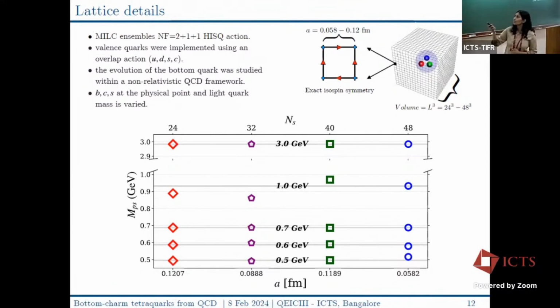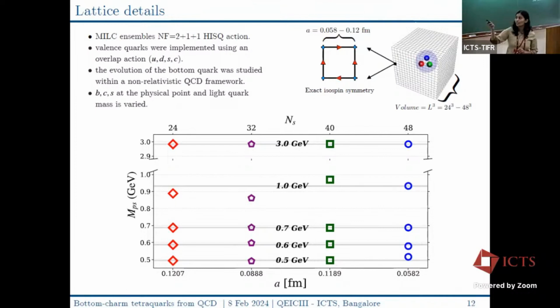So what is important? The takeaway here would be that on the x-axis I've plotted all the lattice spacings which we have used, and on the y-axis are the different pion masses that we use. We have four different lattice spacings, which helps us extrapolate our results to a tends to 0, so we do the continuum extrapolation.